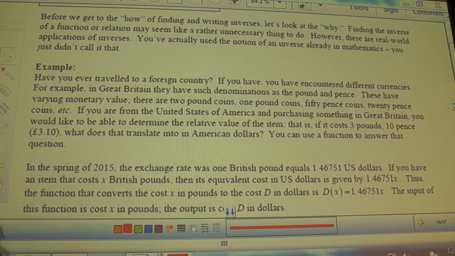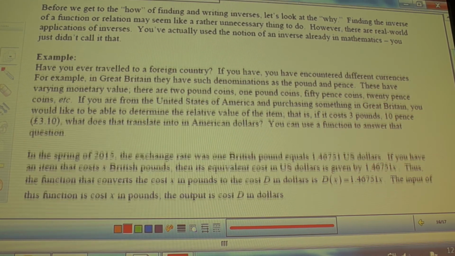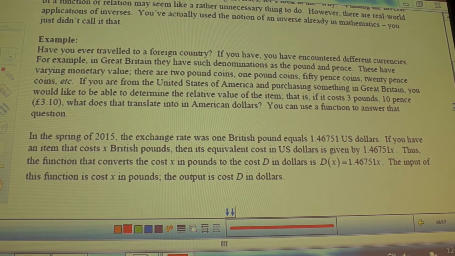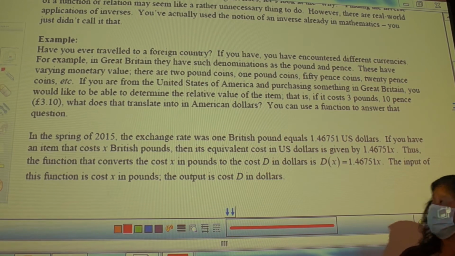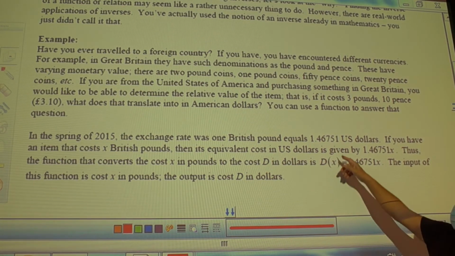So back in 2015, the exchange rate of British pounds was roughly $1.50, right? $1.46751.